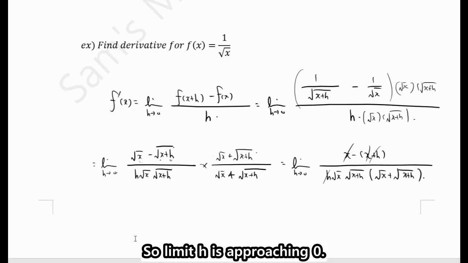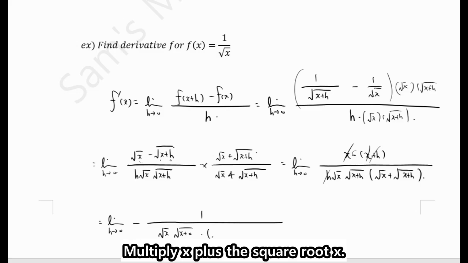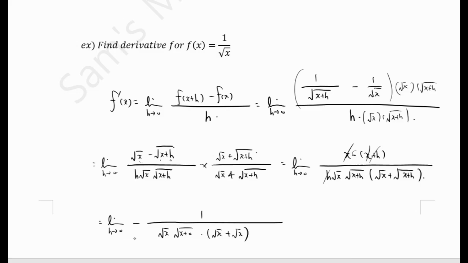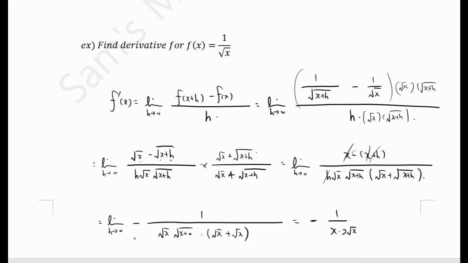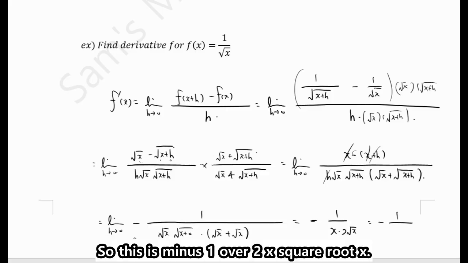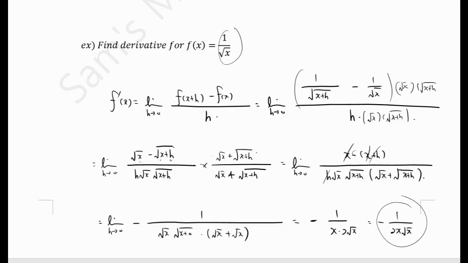So the limit as h approaches 0 is minus, numerator 1, denominator square root of x plus 0, because h is 0, times the sum of square root x and square root x. So it can be minus 1 over x times 2 square root x. So this is minus 1 over 2x square root x. This is the derivative of 1 over square root x.